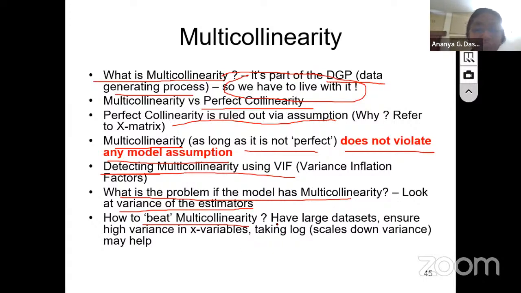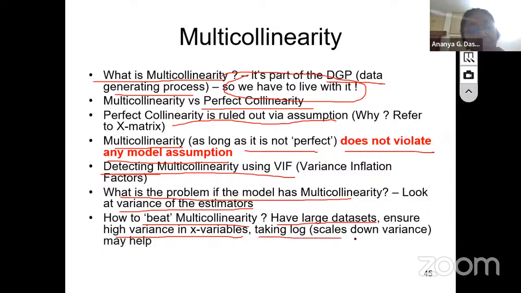So we must try to have very large data sets. We must try to ensure that there's a lot of variance in our X variables. So for those of you who are planning primary surveys, please make sure that your explanatory variables have a lot of diversity. Then, it's one way you can keep the multicollinearity manageable.